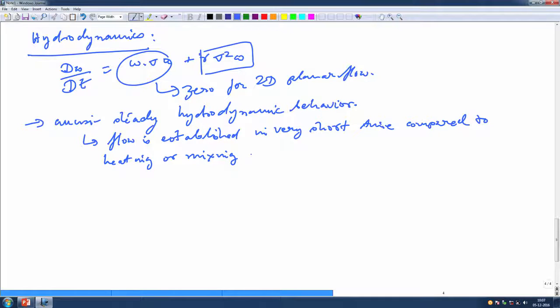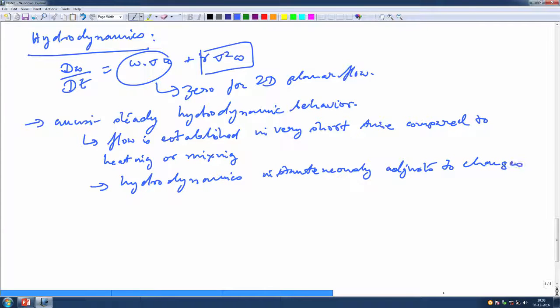And the hydrodynamics, and we will see why this happens a little later, instantaneously adjusts to changes in droplet diameter.